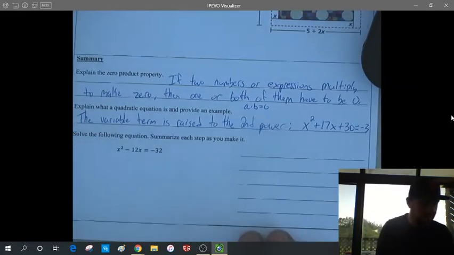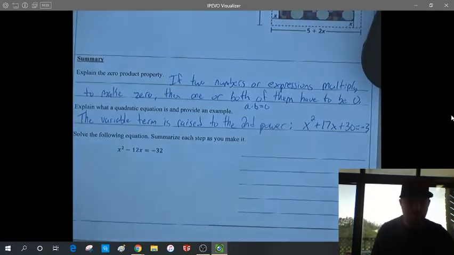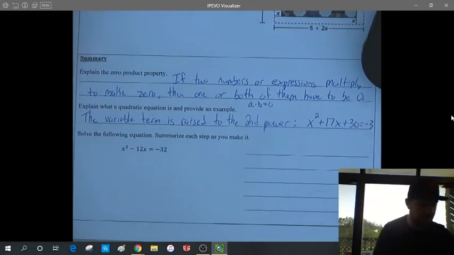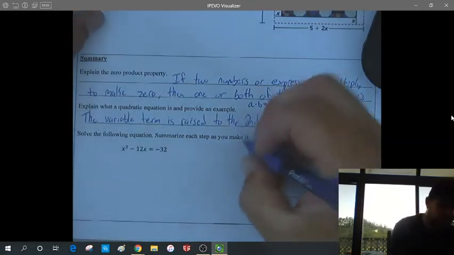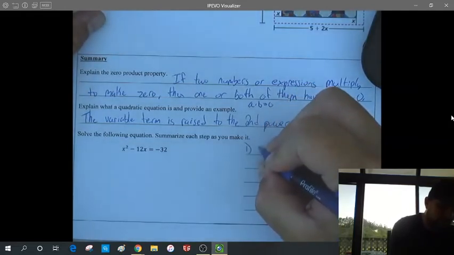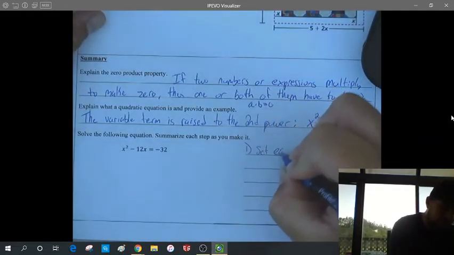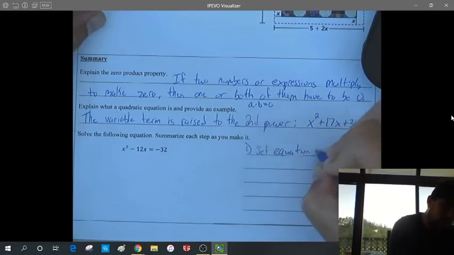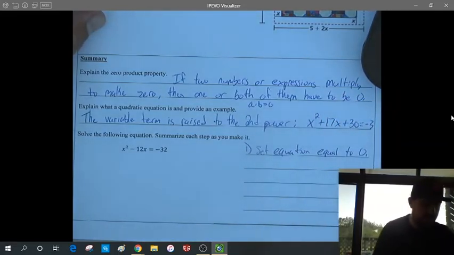Okay, and then solving the following equation, summarizing each step as we make it. So we've got x squared minus 12x equals negative 32. So first things first, I have to set it equal to 0. Right? So set equation equal to 0.